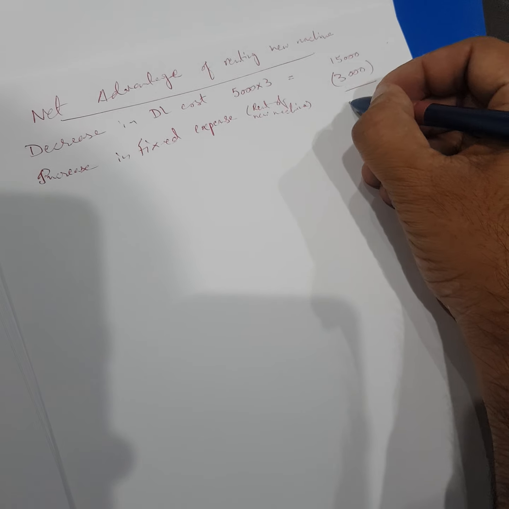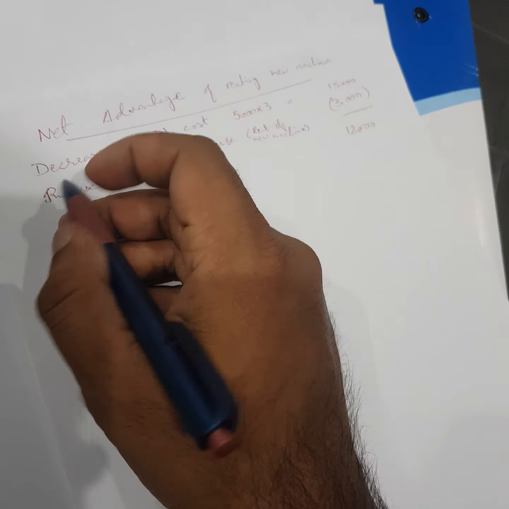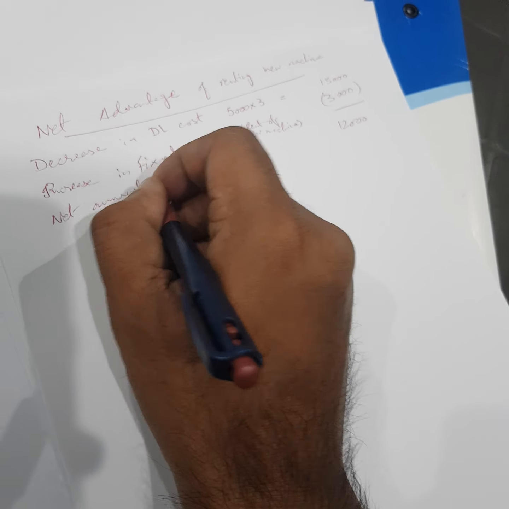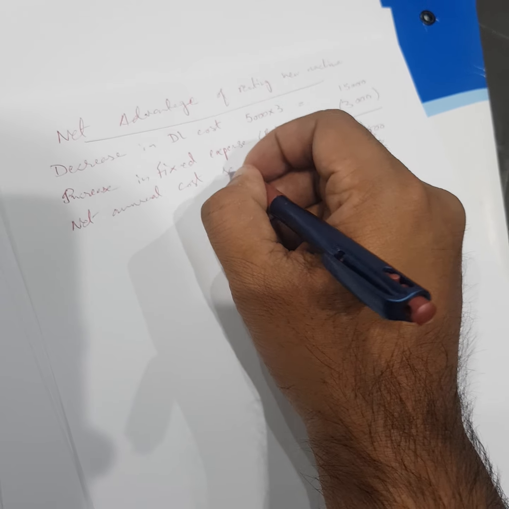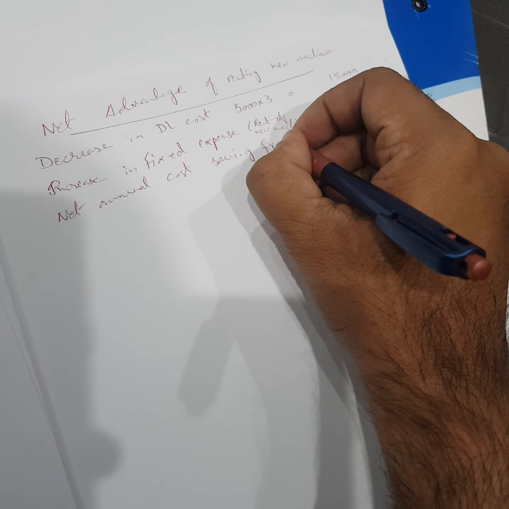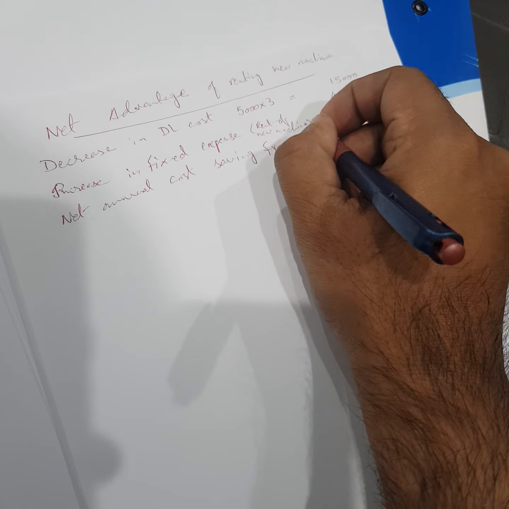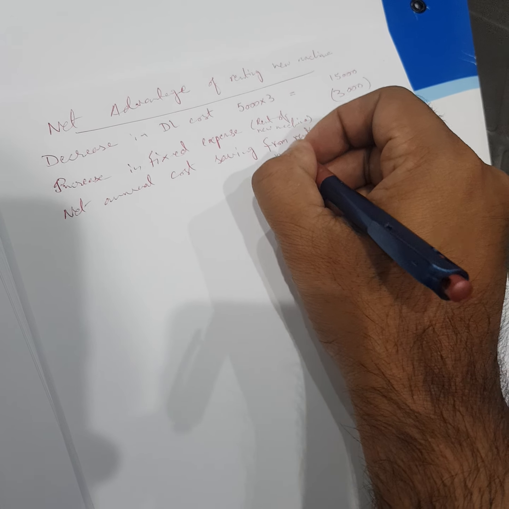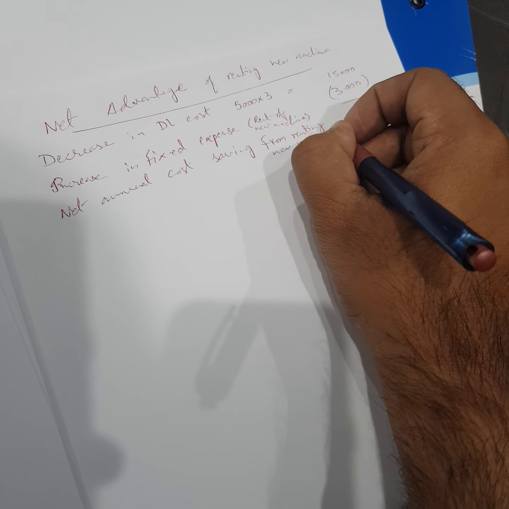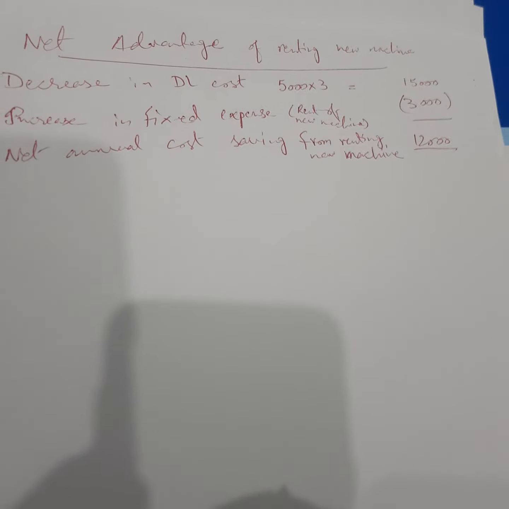So we were able to get 12,000 rupees net annual cost saving from renting the new machine. This was our benefit, 12,000 rupees.